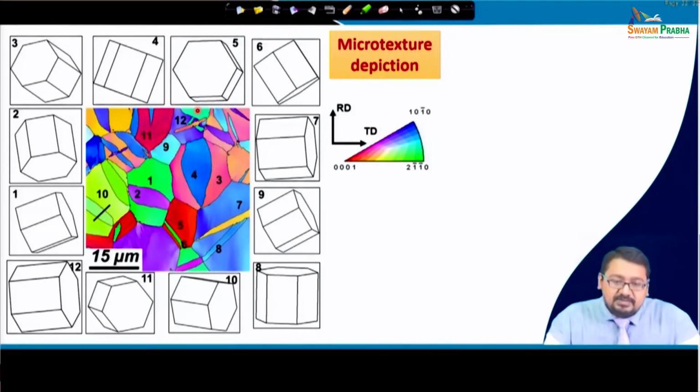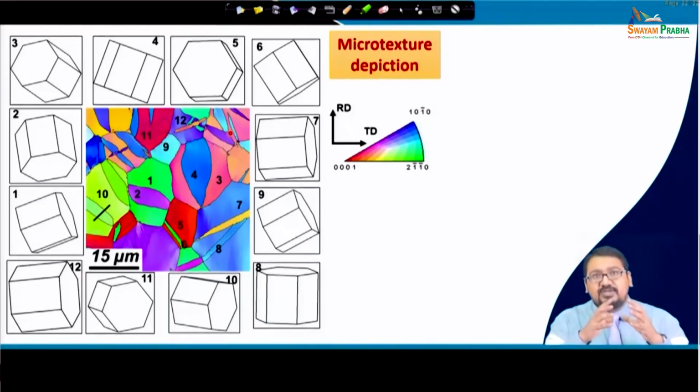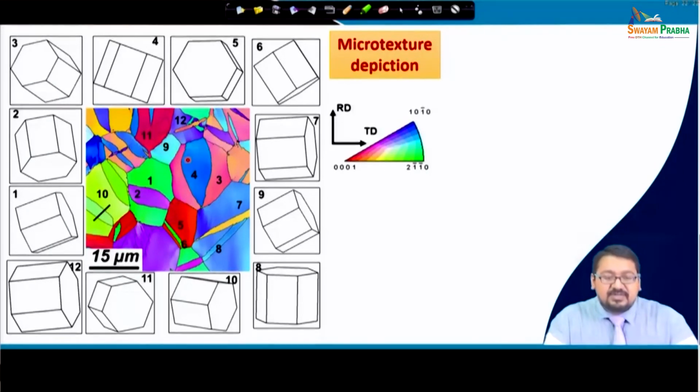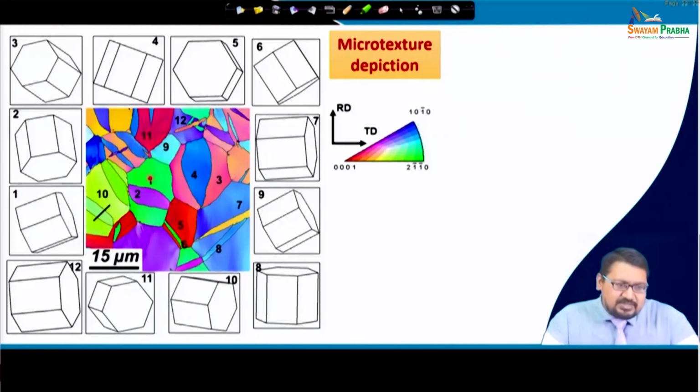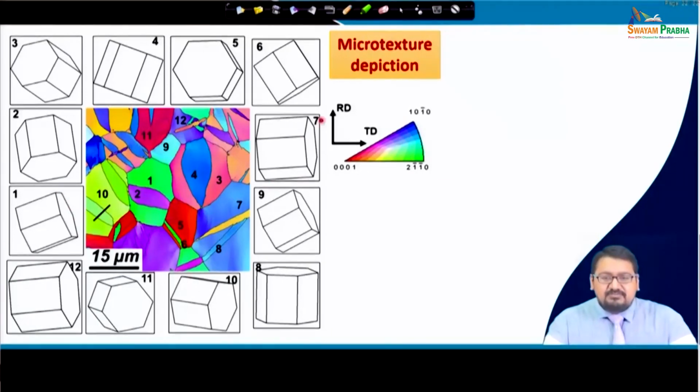As I said, when we observe this microstructure, we can not only observe the orientation or the texture of this whole part of the sample, but we can observe the texture even in individual grains. If you look at this green grain, which is labeled 1, what we can see is that the orientation of this grain is something like this with respect to the RD, ND and TD.